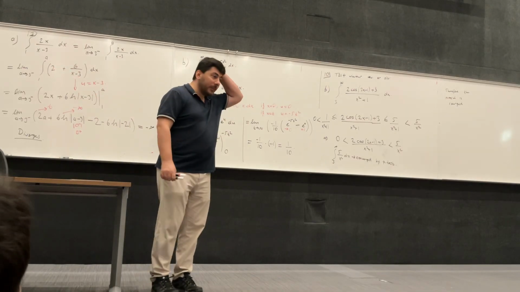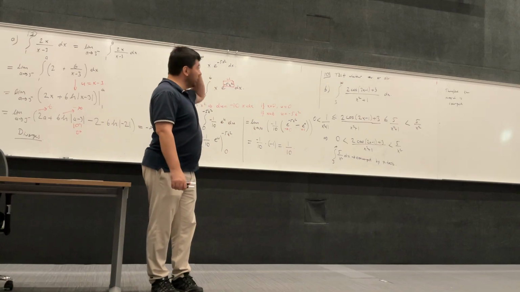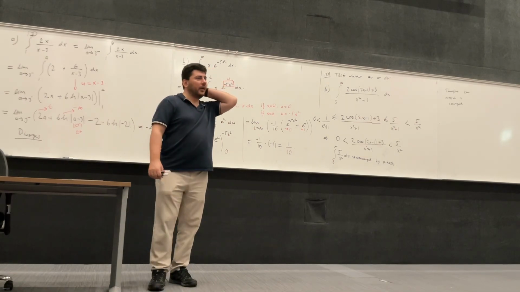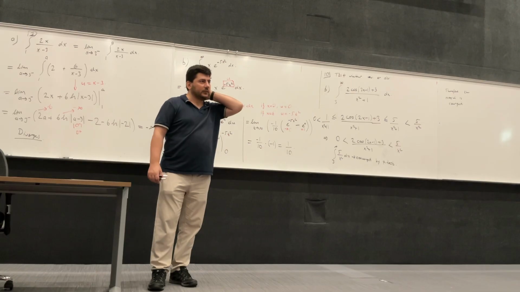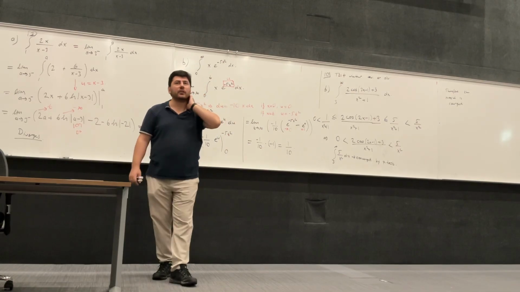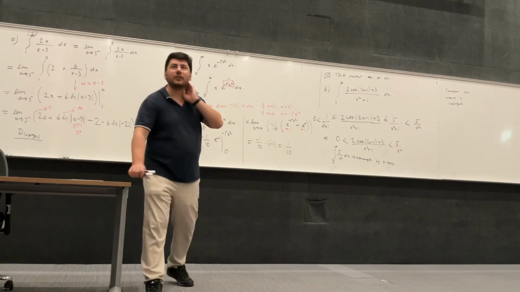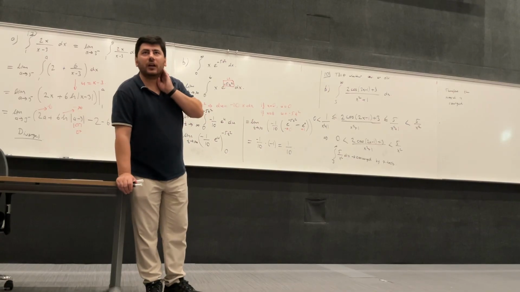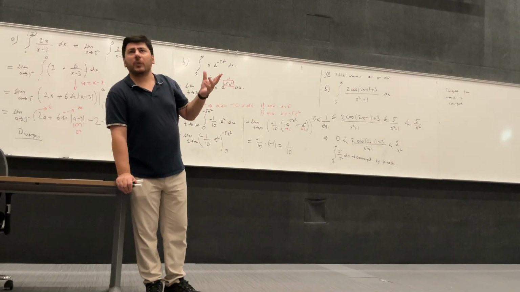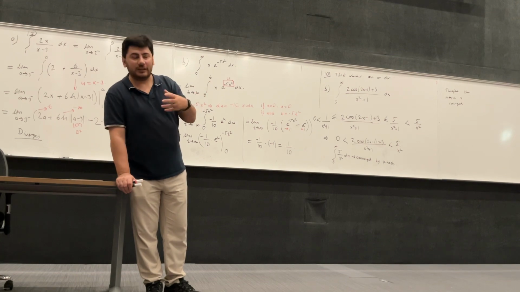Professor, what did you write there? Therefore, the integral is convergent. Make sense? Any questions? The lower bound can be anything as long as it's convergent. The integral of the lower bound must be convergent.